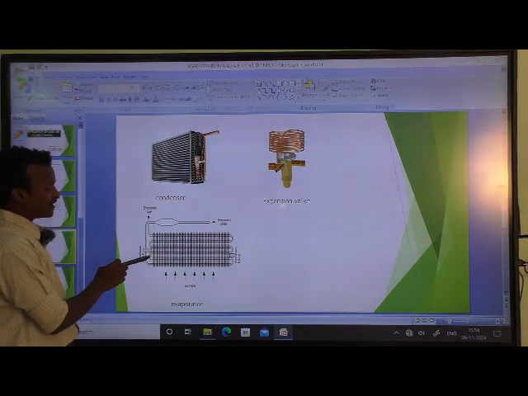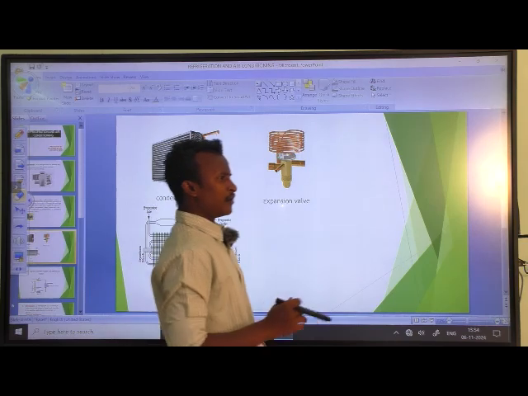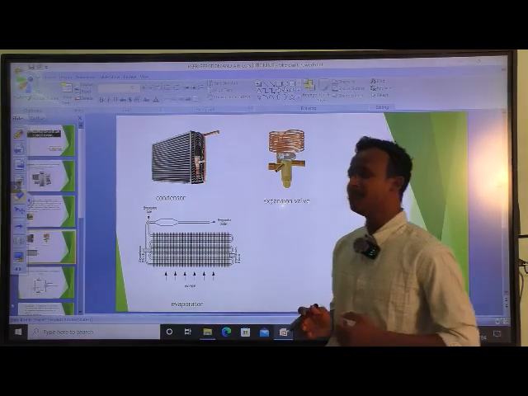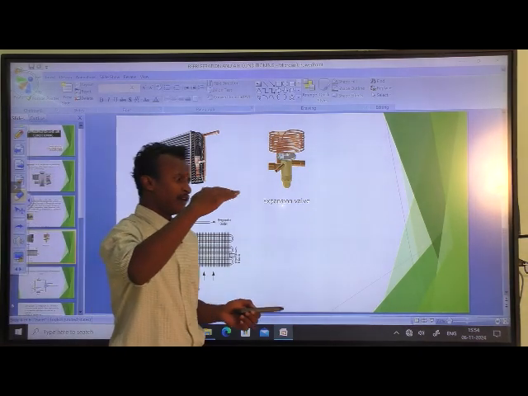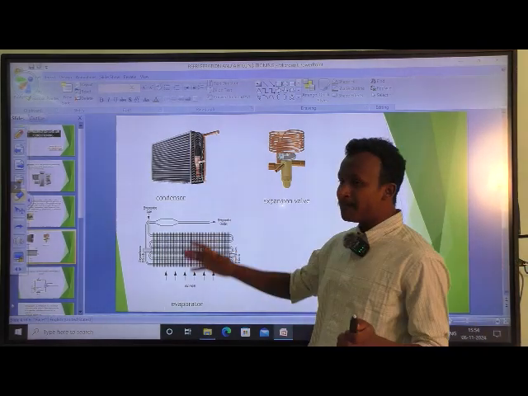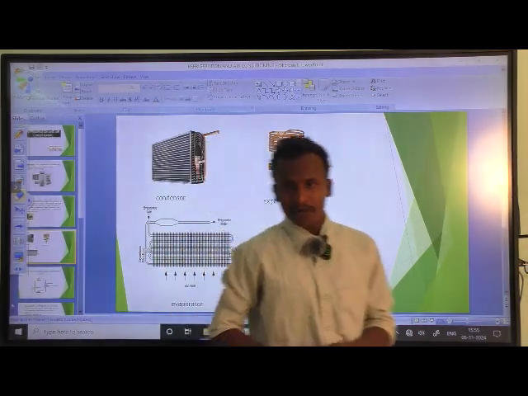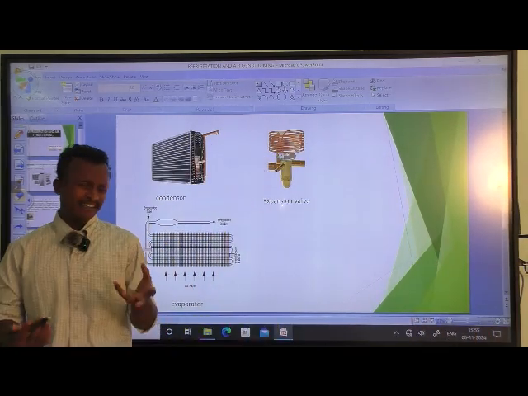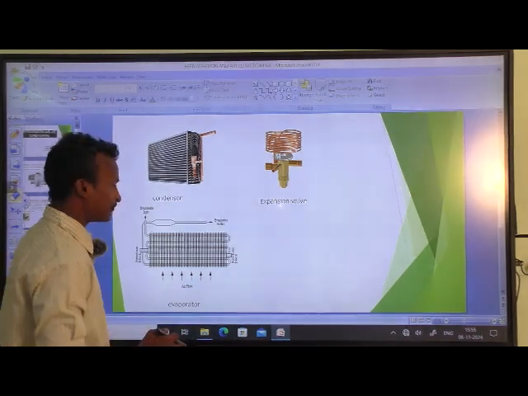Friends, this is the example of the evaporator. Basically, when we open our refrigerator and put an apple inside, as you can see in the top level of the refrigerator, there is an empty area where we put our apple, so many vegetables. This is called the evaporator.